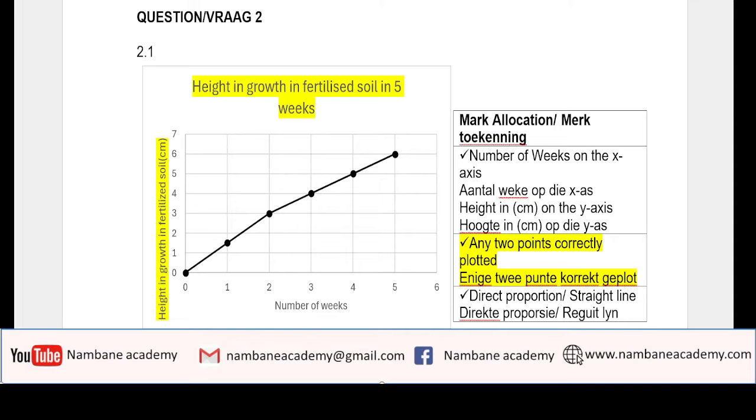The question at 2.1: draw a graph of height of growth in fertilized soil versus weeks. If you look at 2.1, there are changes that we made to the memo that are highlighted in yellow. The graph is supposed to show height of growth in fertilized soil over 5 weeks.